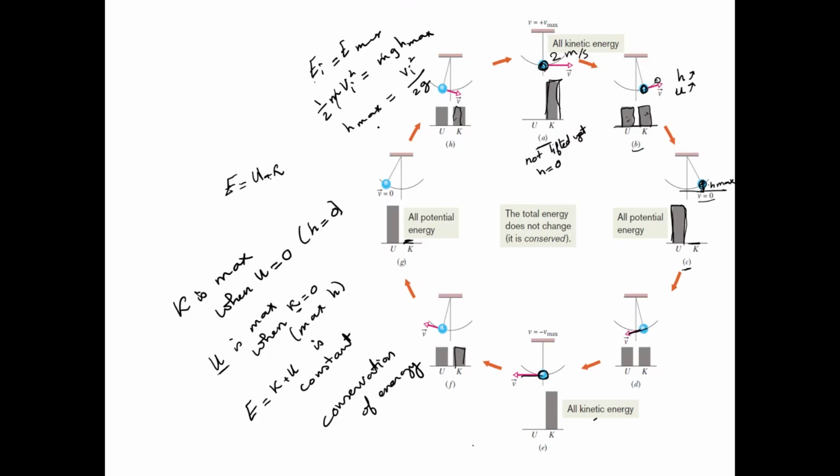I found V initial, it was given to me as 2 meters per second. And here I'll divide by 2 times 9.8. I can find the maximum height that this pendulum will reach according to the initial speed that I give it. So this will be around 0.2 meters.